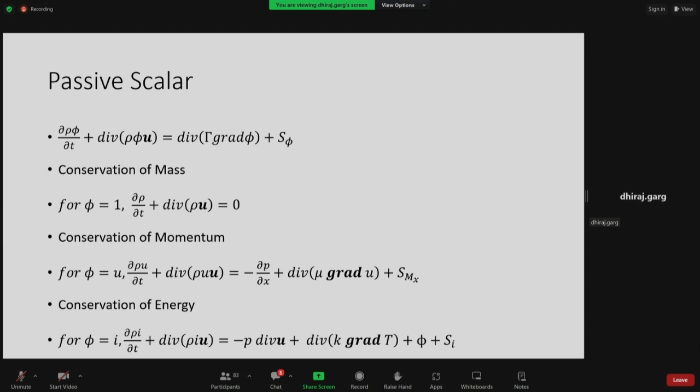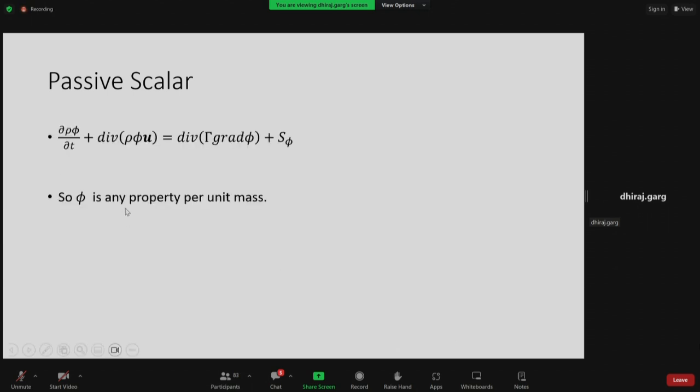So the idea of generalization is that for conservation of mass, momentum, and energy, on which the whole CFD is based, we see a few generalized terms and build our coding and calculation on this generalized form. Now, as I have already said, phi is any property per unit mass.